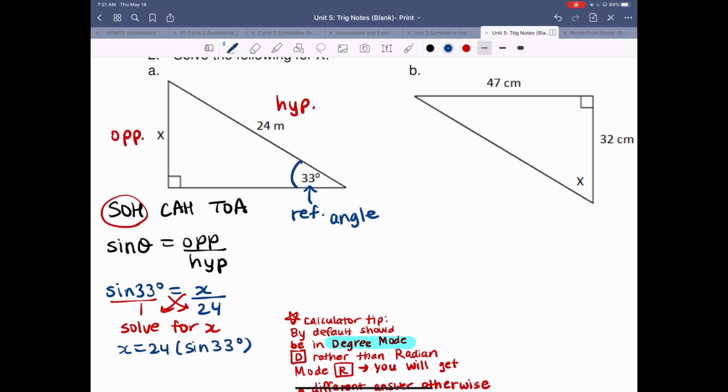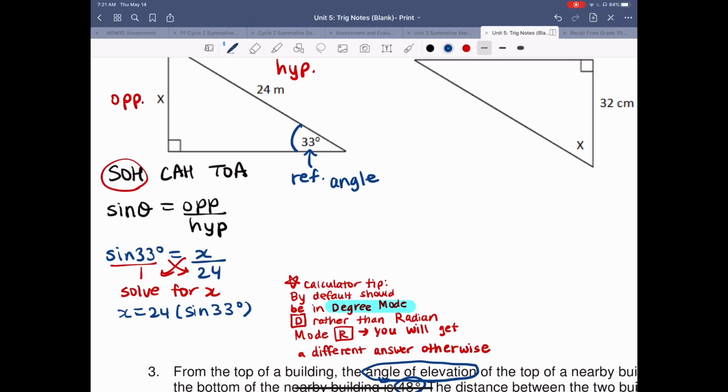At this point, please try to use a calculator yourself rather than just copying down the answer, because if your calculator is accidentally in radian mode, which is represented by the little r on top of your scientific calculator, you will get a different answer. You need to be comfortable with switching from degree to radian, depending on the question.